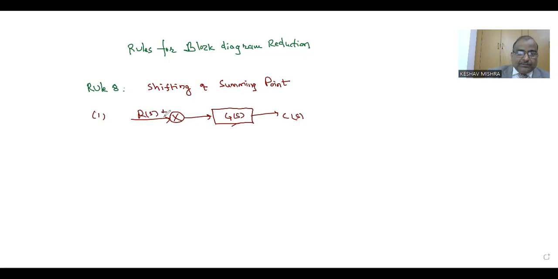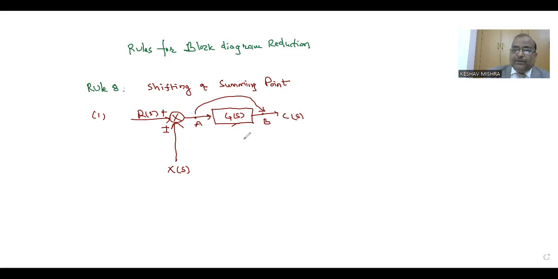Summing point input is R(s), and the second input to this summing point is X(s). So this summing point is at position A. Suppose this is position A and this is position B. So we can shift this summing point from position A to position B.